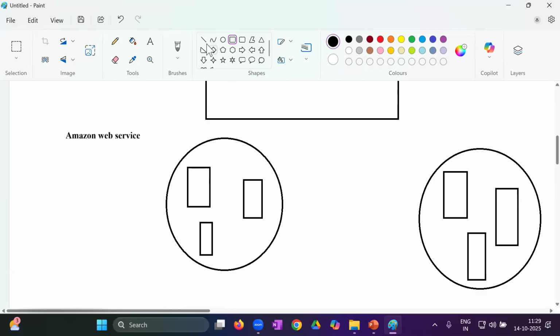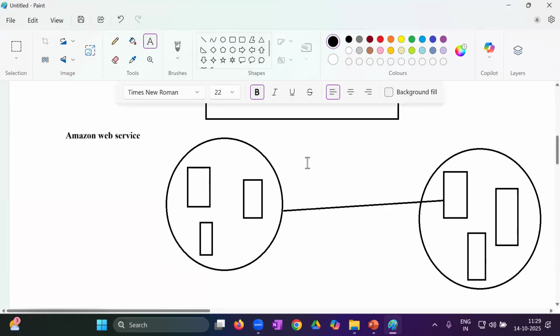Okay. Now, according to Amazon Web Services, the distance between two different data centers should be a minimum of 100 kilometers. Why? The reason is, if one location is affected due to any natural calamities, it should not affect the other location.